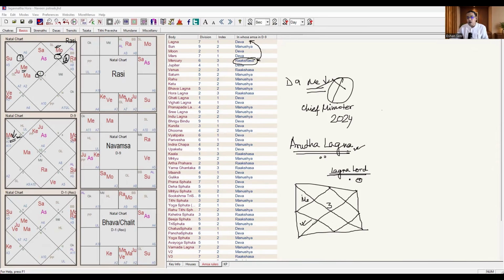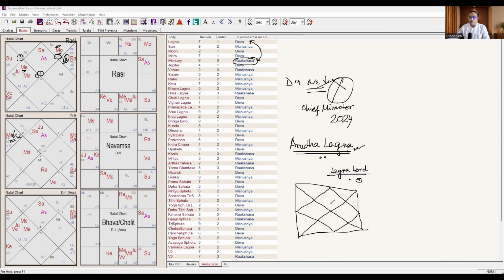This will become your Arudha Lagna. 4, 5, 6, 7. Your Libra will become your Arudha Lagna. Clear? Now there is an exception for Arudha Lagna. What is that exception? The exception is that your Arudha Lagna cannot be your first house or your 7th house. For that, you have to count 10th from there.